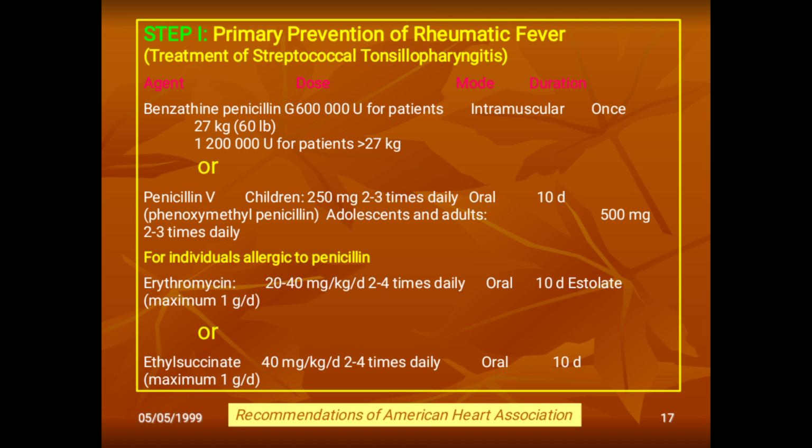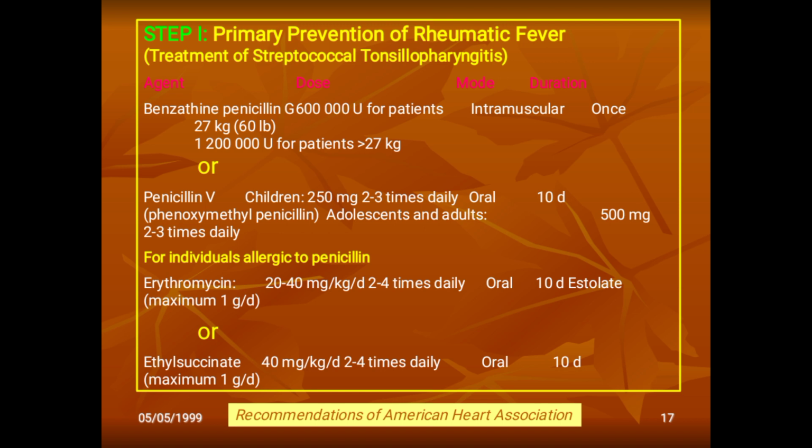Step 1, primary prevention of rheumatic fever, that is treatment of streptococcal tonsillopharyngitis. We can do this with benzathine penicillin, 6 lakh units once for patients less than 27 kg and 12 lakh units for those greater than 27 kg.